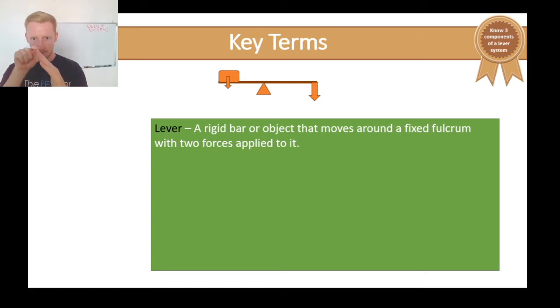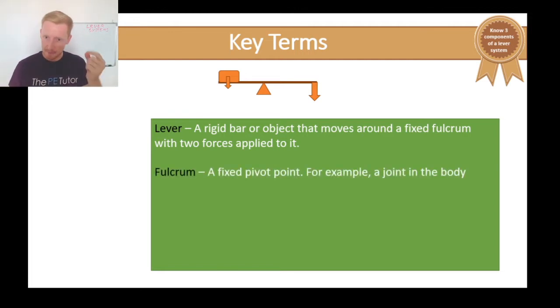That's where rotation is occurring. The lever is that darker orange bar. So the lever sits on top of something which it can pivot around. Now it might sit on top at one of the ends and it rotates around it like that. That's what makes different levers different. So we have a lever, we have a fulcrum, which is that pivot point.